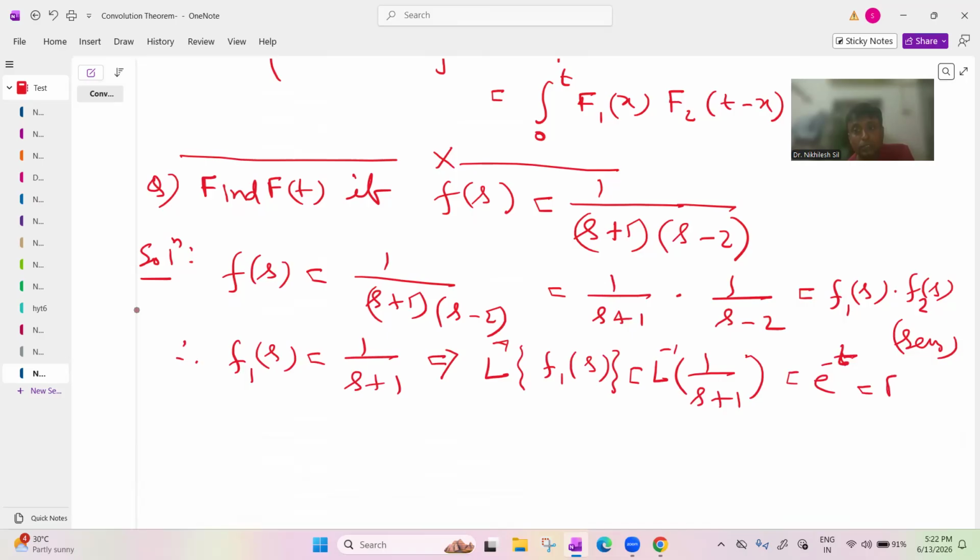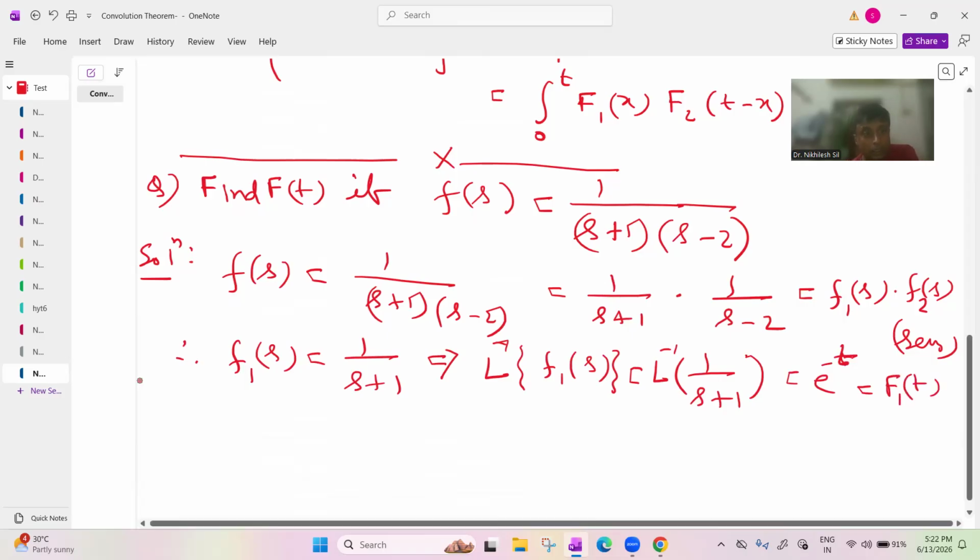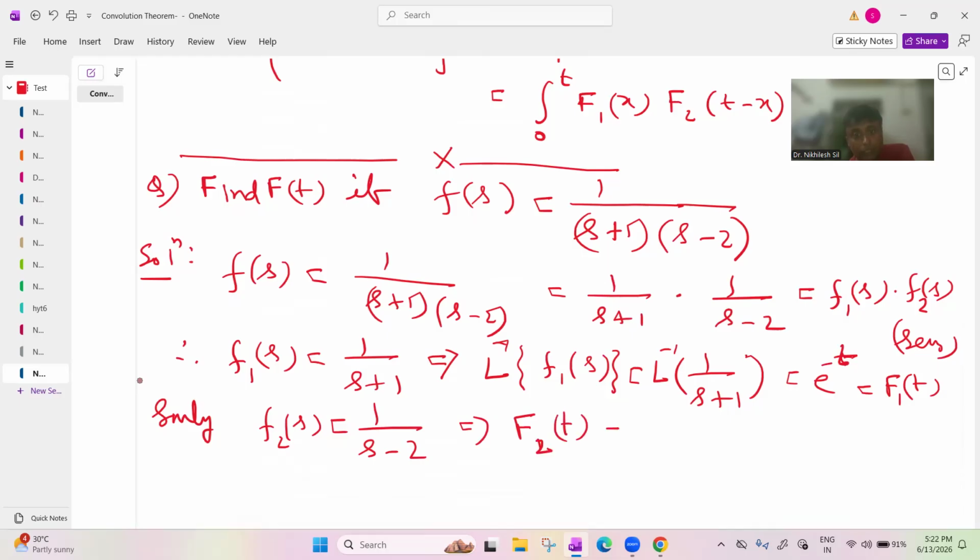This is equal to f1(t). Similarly, F2(s) equal to 1 by (s minus 2) implies f2(t) is equal to e to the power 2t. Okay.